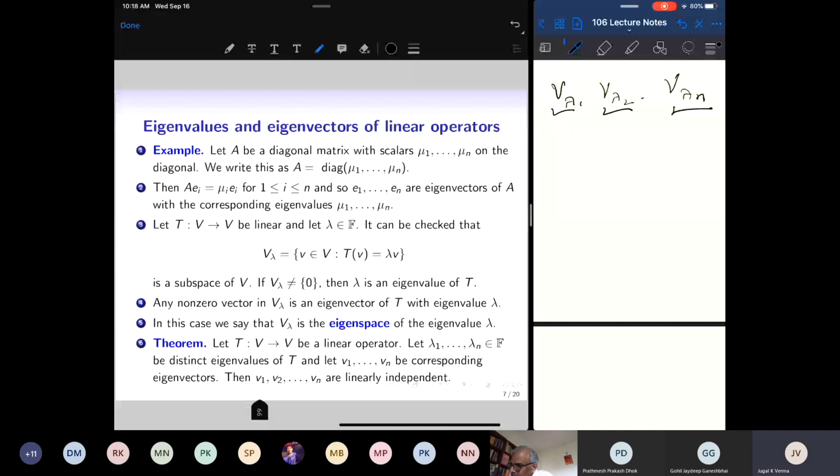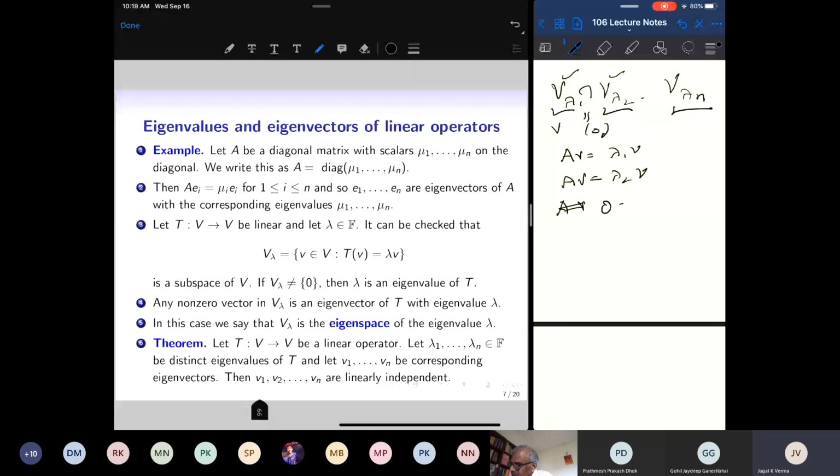How? Suppose Av equals lambda 1 v, and this v is in the same eigenspaces V lambda 1 and V lambda 2, then Av is equal to lambda 2 v. So if I subtract, what do I get?